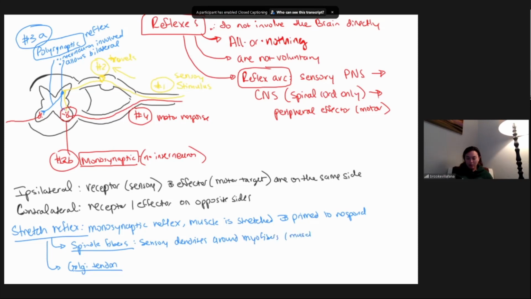And the Golgi tendon are the receptors or the sensory dendrites sensing that stimulus in the actual tendons of the muscle. And both of those contribute to the stretch reflex. Again, it's the fact that it's primed to respond, and that depends upon the spindle fibers and the Golgi tendon.